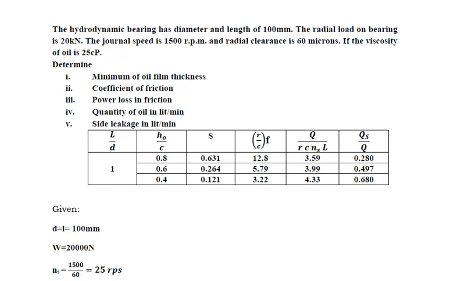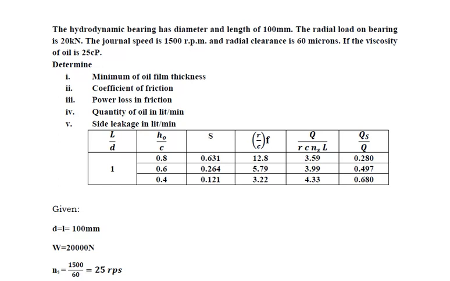If the viscosity of lubricant is 20 centipoise, determine the minimum oil film thickness, coefficient of friction, power lost in friction, the quantity of oil in liter per minute, and side leakage in liter per minute.